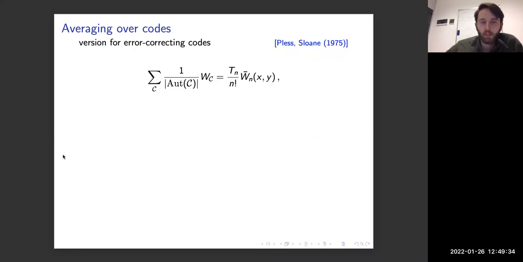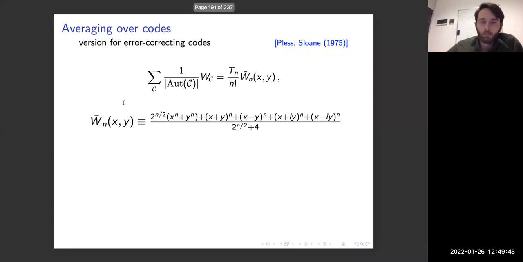It's almost exactly the same. You sum the enumerator polynomial weighted by the code automorphism, and it gives you the average enumerator polynomial times some rational number. And the average enumerator polynomial has this form. Okay, it's a fairly simple function. Obviously it depends on the charge.